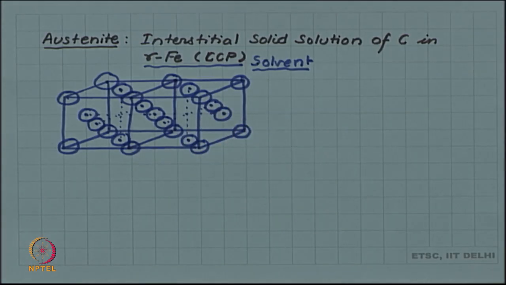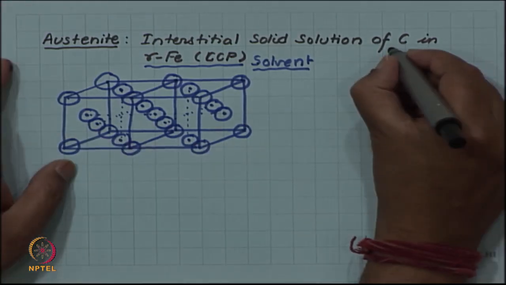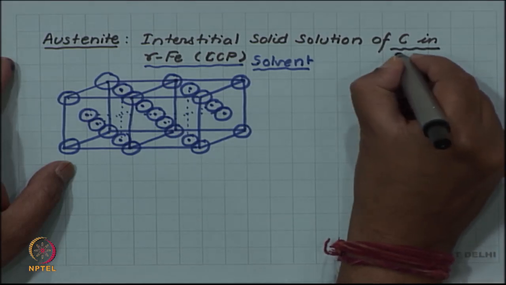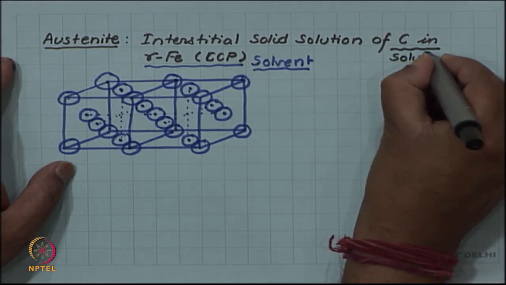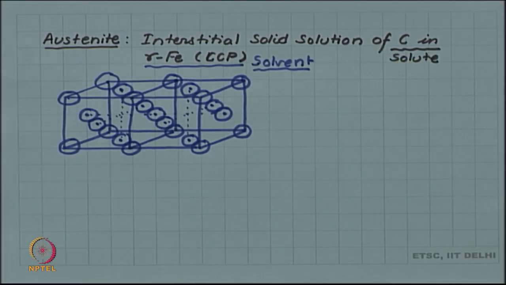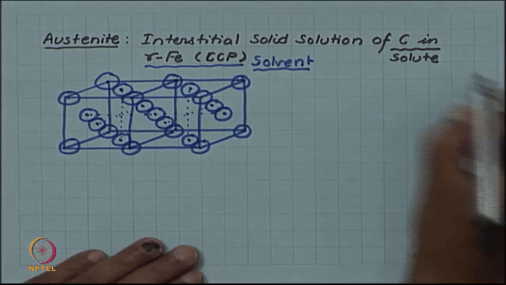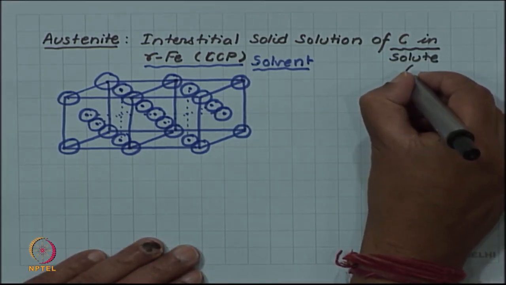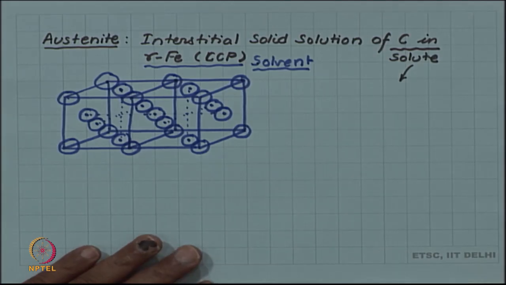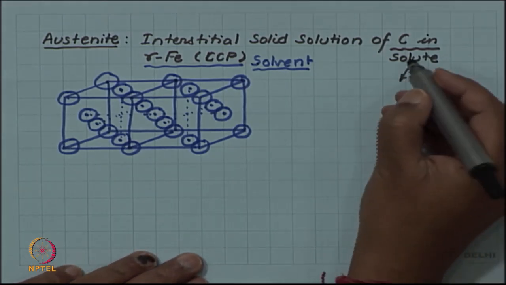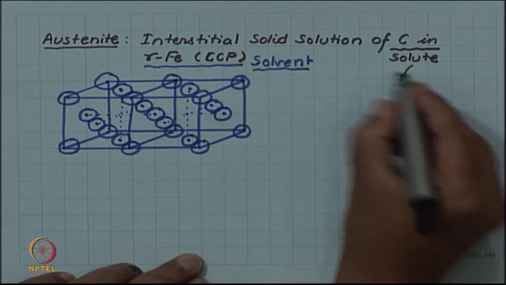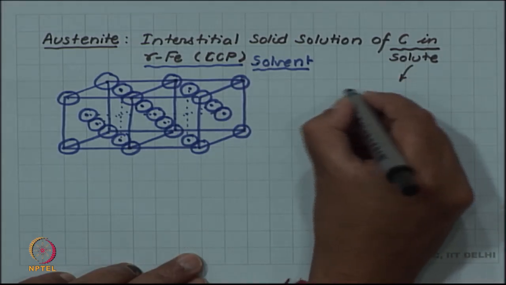Now, the carbon atoms, which is the solute, will sit, and it is known from experimental results that carbon in gamma iron sits in the octahedral voids.